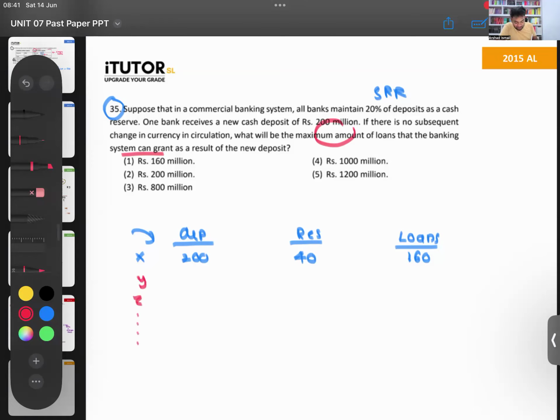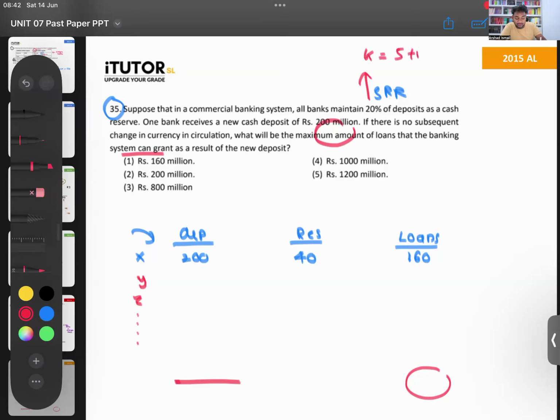First, can you tell me how much of deposits will get created in the entire banking system because of this 200? If SRR is 20%, you all should know by heart by now, once you do 2-3 questions, SRR 20% means the multiplier is 5 times.